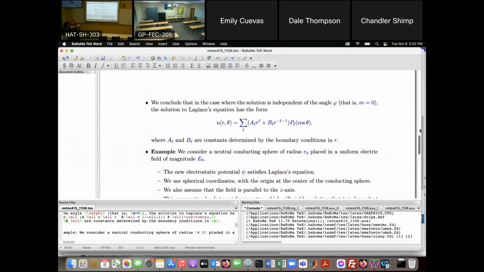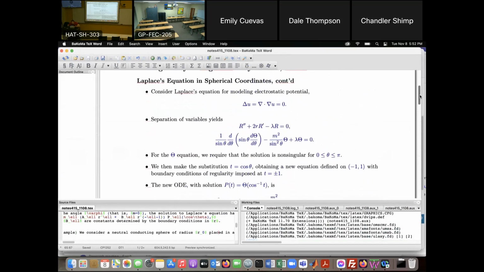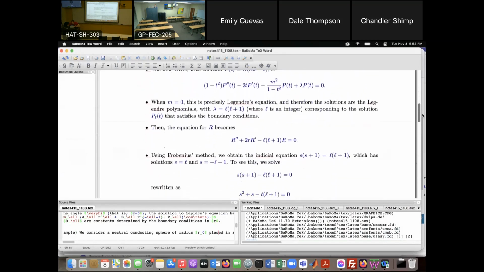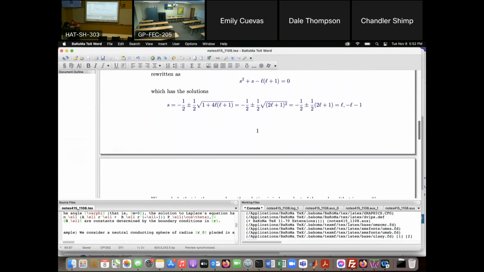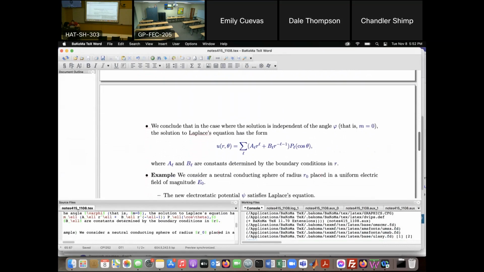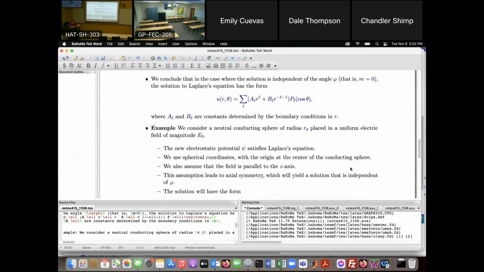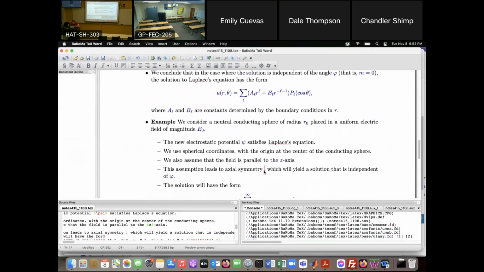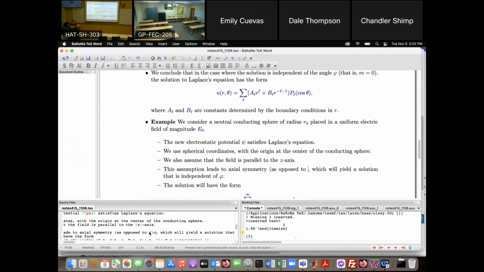I don't think I actually wrote radial symmetry here in the notes. No, I didn't. But sorry for the misuse of the term.